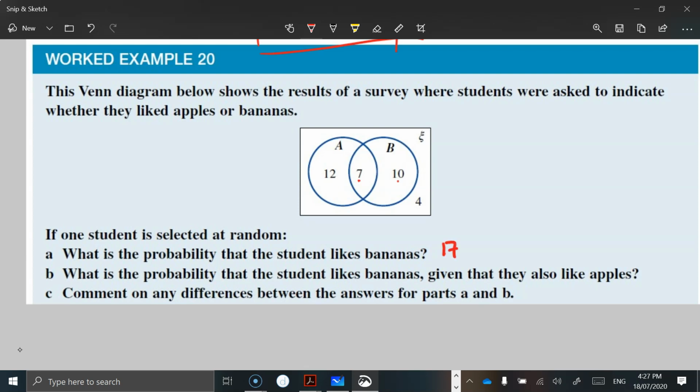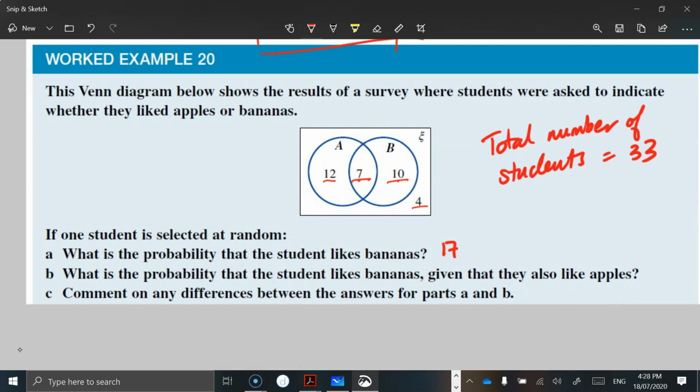The total number of students is 33. If you add the 12 plus the 7 plus the 10 plus the 4, you end up getting your total number of students. Okay, so 17 out of the 33.